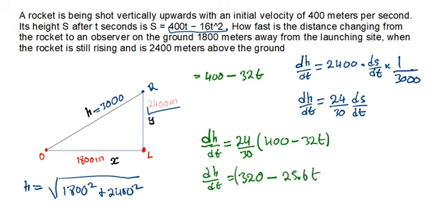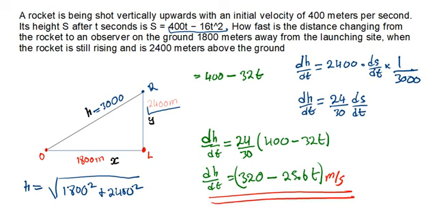Okay, so this is the equation that you're going to be using. This is how h is going to be changing with time. We have been given distance in meters, then time in seconds, so that would be meters per second.